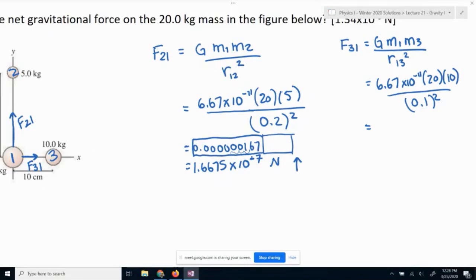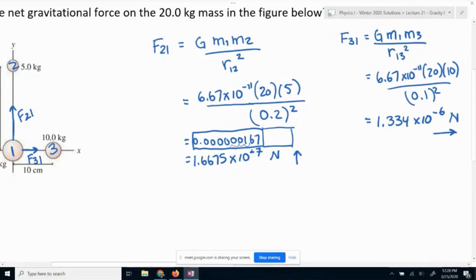I'm going to multiply my number by 10 to the 6 so that I can see more decimal places, and it's really just 1.334 times 10 to the negative 6 newtons. And this one is pointing to the right.